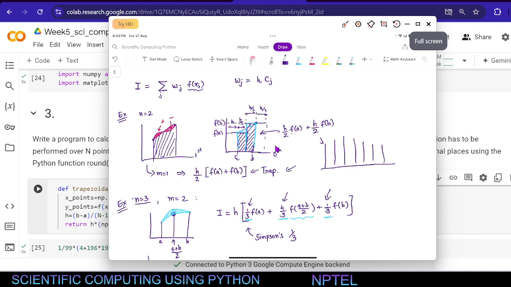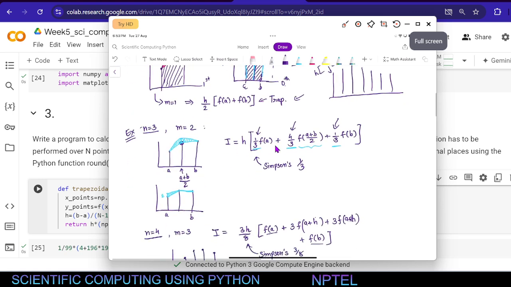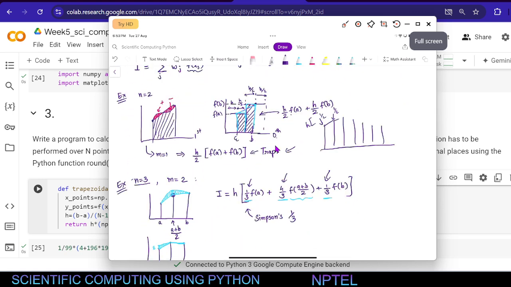Here we are getting a contribution of half times h. This one will have a contribution of half for this trapezoid, and this will again have a contribution of half for this trapezoid. Similarly, this point will have a contribution of half plus half, because it's coming in both directions. So all of these middle ones will have a contribution of 1 times h.